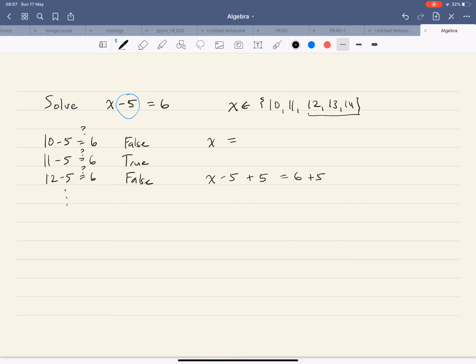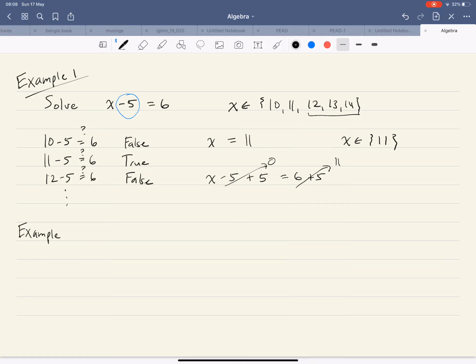I haven't changed my equality because I added 5 to both sides. Now these go to 0. This goes to 11, and I wind up with x equals 11. So my solution set is x in the set {11}. Okay, so that was one example.